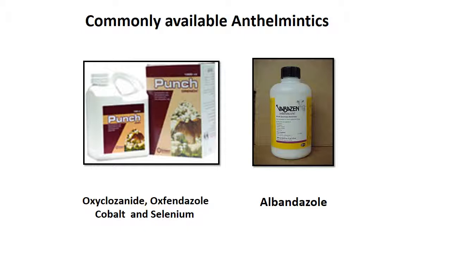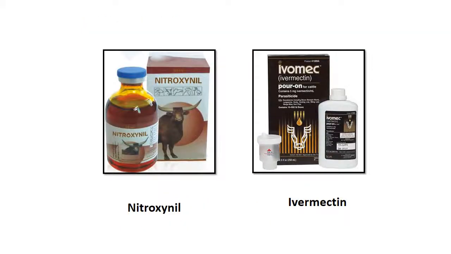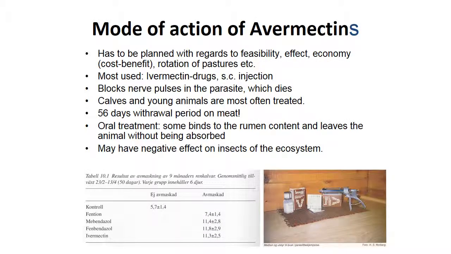In this slide and the next slide are examples of parasiticides. One of the most commonly used parasiticides in reindeer is ivermectin, of the avermectin class, because of its effectiveness in treating for larvae in nasal bot and warble fly.